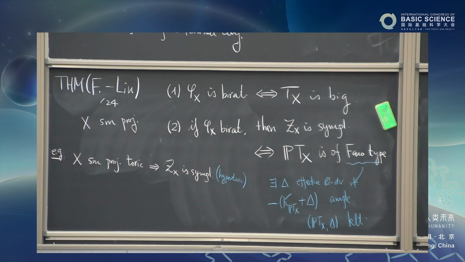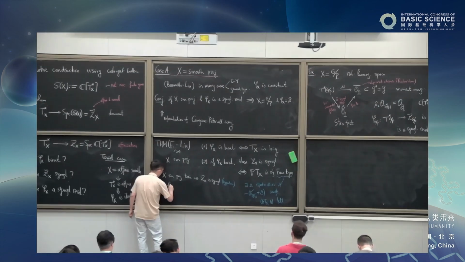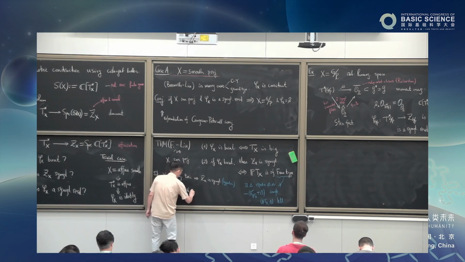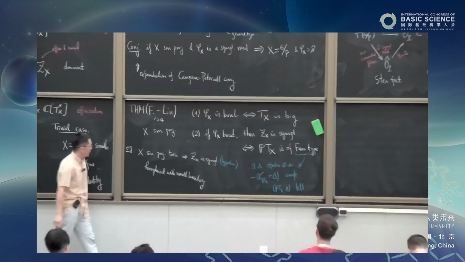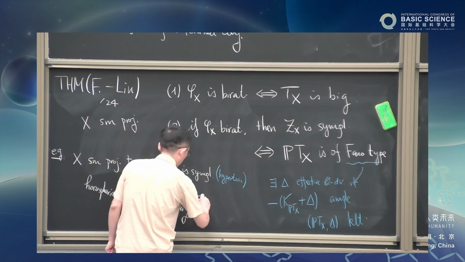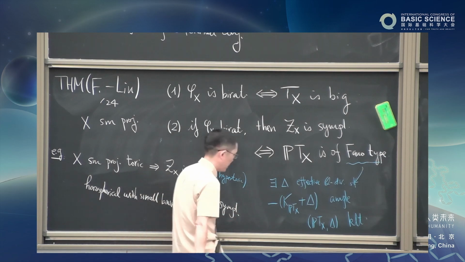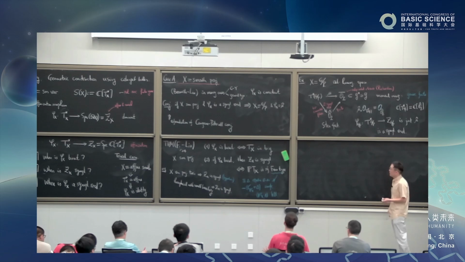And then we have more examples, like if X is a horospherical variety with small boundary. Small boundary means the boundary has codimension at least 2. And then again we have this Z_X is symplectic. And so on. So we get some really nice examples in this case.